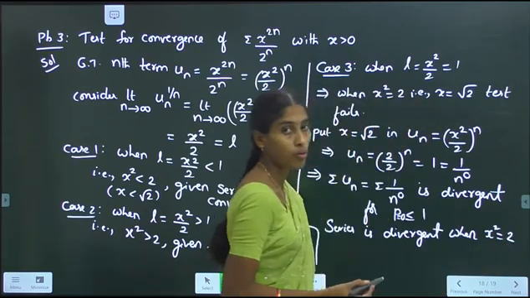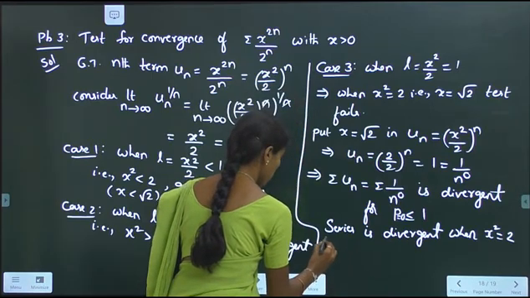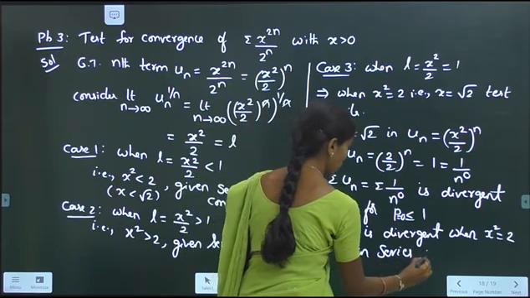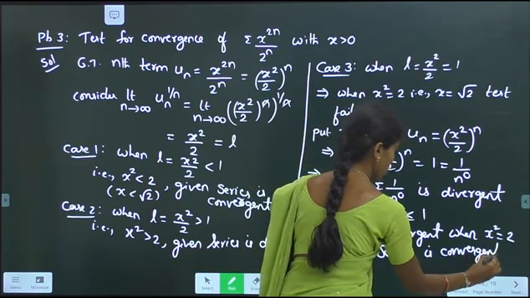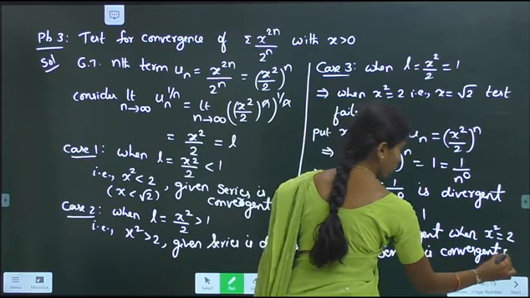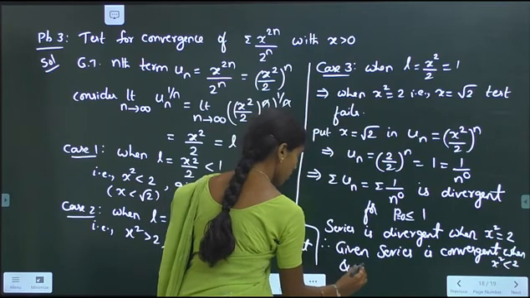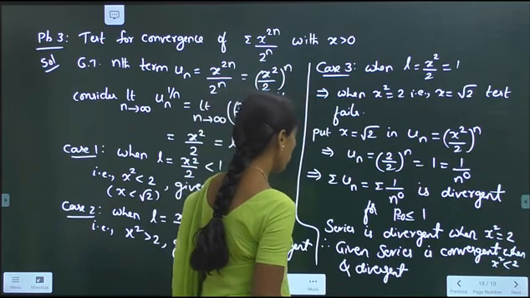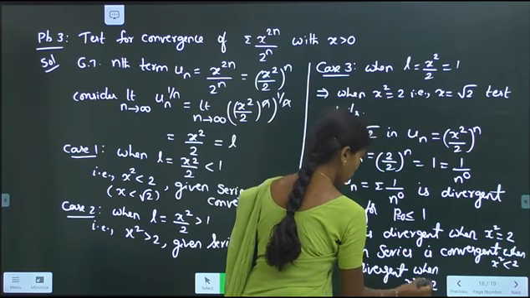So now we have to write down the overall conclusion. Therefore, the given series is convergent when x square less than 2, and divergent when x square greater than or equal to 2, right?